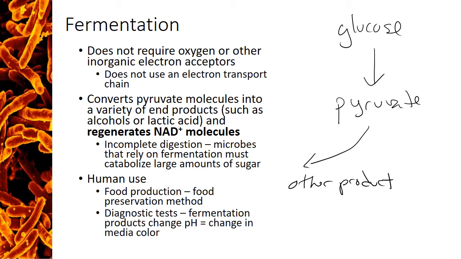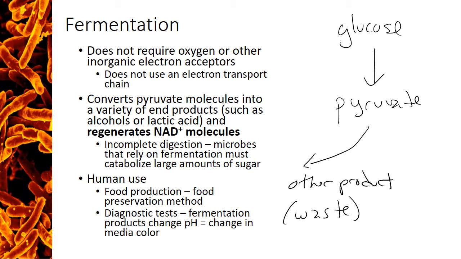This other product differs between species, but in all instances, it is actually a waste product. And so it's not used by the cell, but instead can be released from the cell. And in fact, if too much waste product builds up, it can be detrimental to the cell itself.